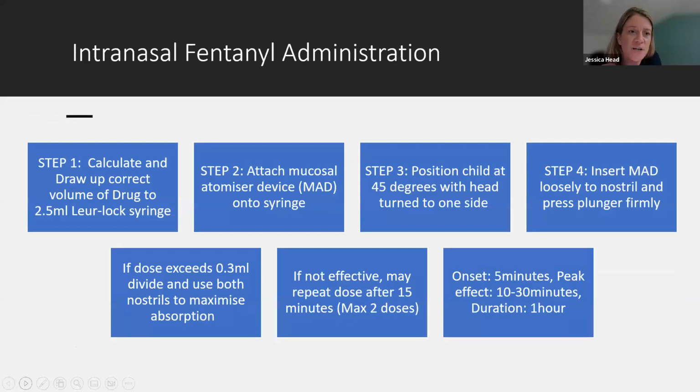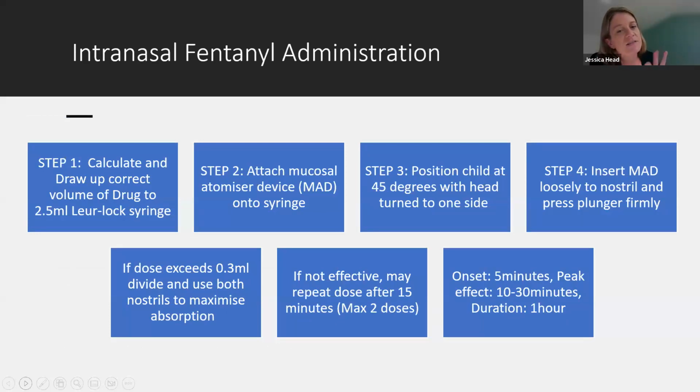For fentanyl administration via a mucosal atomizer device, you would need to calculate and draw up the correct volume of the drug in a Luer lock syringe, attach the mucosal atomizer device onto the syringe, position the child at about 45 degrees with the head turned to one side, gently insert the device, and then firmly press the plunger.